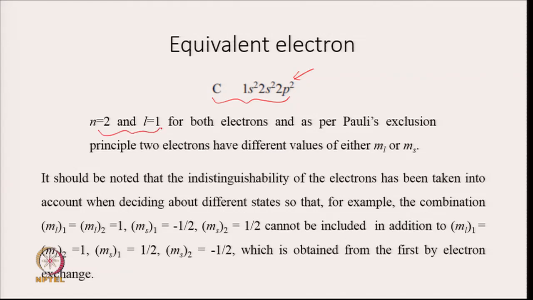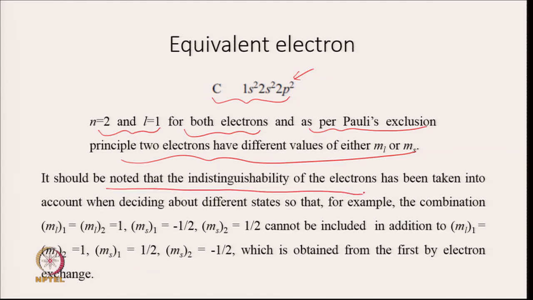So, n is equal to 2, L is equal to 1 for both electrons, and as per Pauli exclusion principle, 2 electrons have different values of either ml or ms. They are not going to have the same value of everything. Also, it should be noted that indistinguishability of the electrons has been taken into account when deciding about the different states.